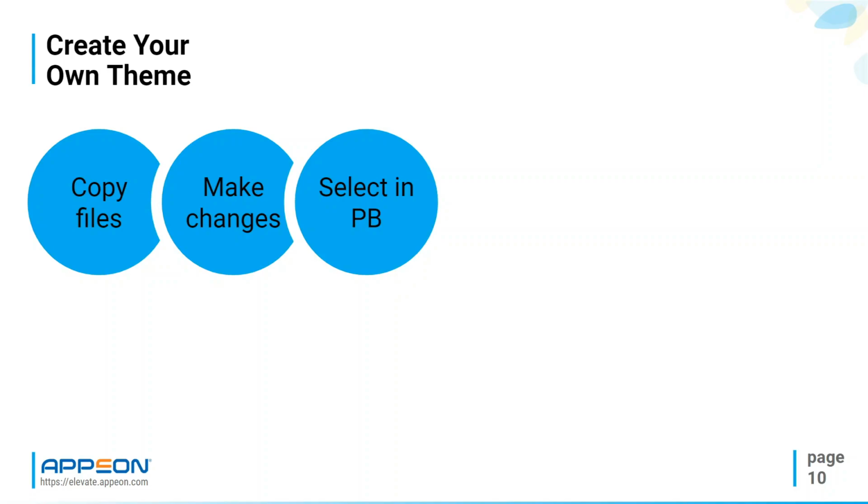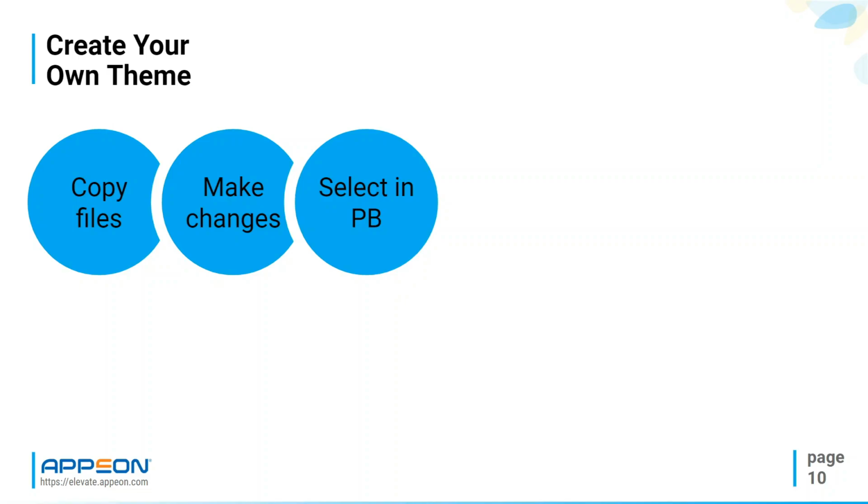But first, how to create your own theme. There are some default themes in there, but maybe you want your own theme. That's pretty easy. I'm going to go into that in the code afterwards, but you just copy the theme with the files, make your changes, and then select the new theme in PowerBuilder.